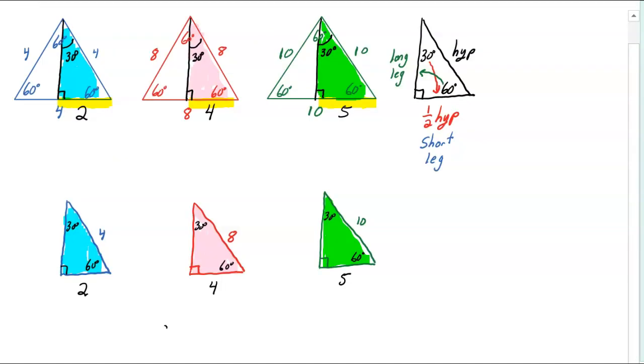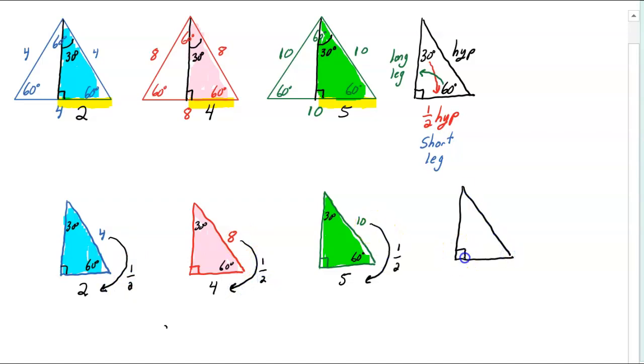So what I just did here is I took the 30, 60, 90 triangles out of the picture so you could see that pattern. So once you know the hypotenuse, you would take half of the hypotenuse to get the short leg. And remember, the short leg is across from the 30-degree angle.